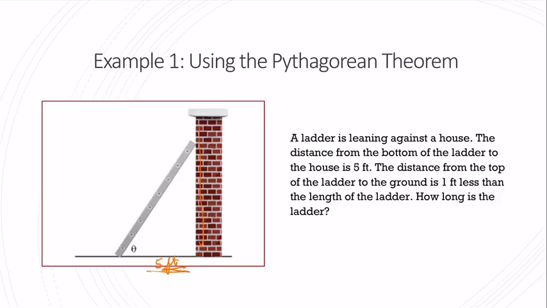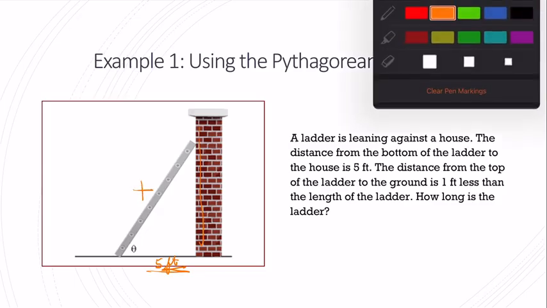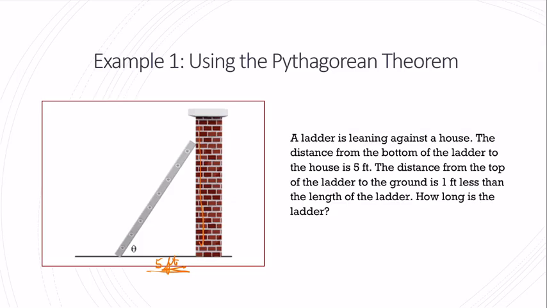So we need to define some variables. I'm going to have that my ladder is x. And maybe I write that in such a way so that it doesn't look like a T. And if I know the distance from the top of the ladder to the ground is 1 foot less than the length of the ladder, I know that this is x minus 1, this distance right here.